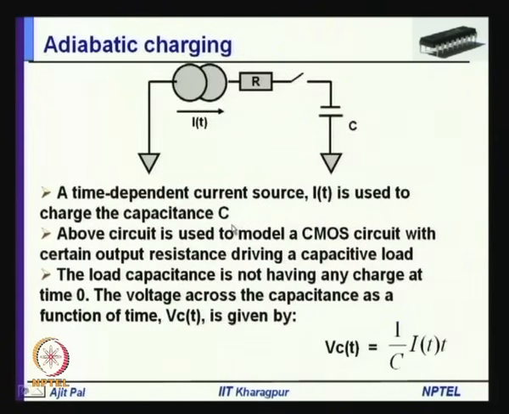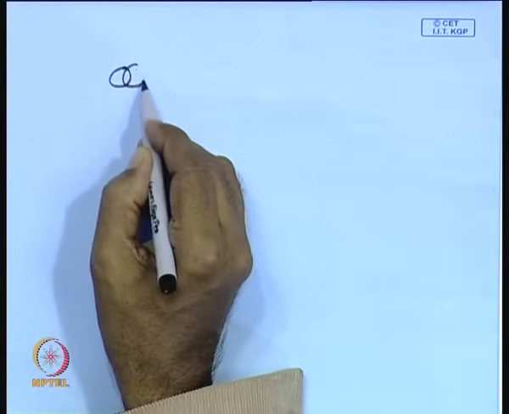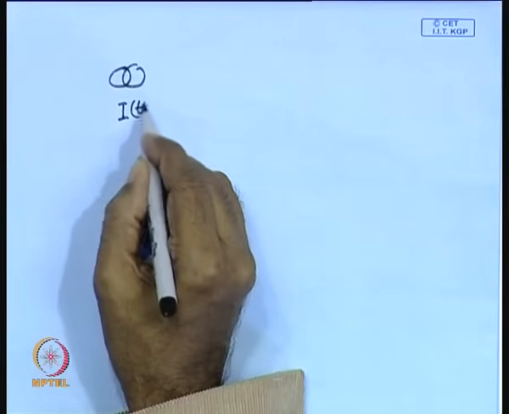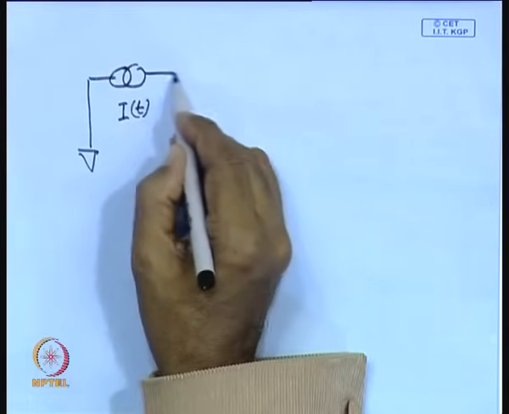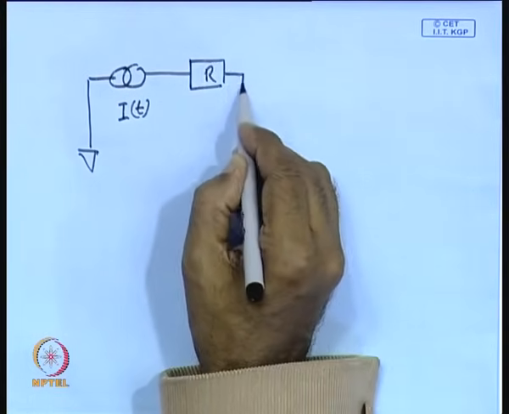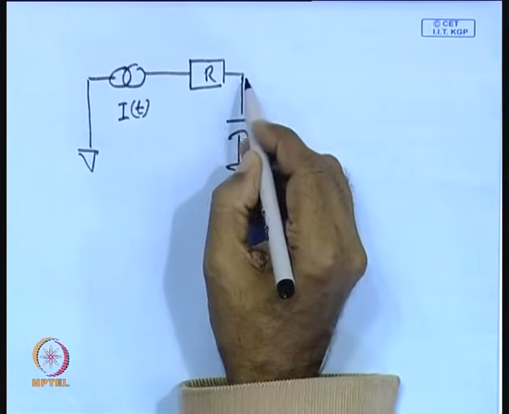Now, let us consider a situation where we shall use a time varying current I(t) which is being applied across a resistor R, and you have got a capacitor C. Of course, we can put a switch in between.